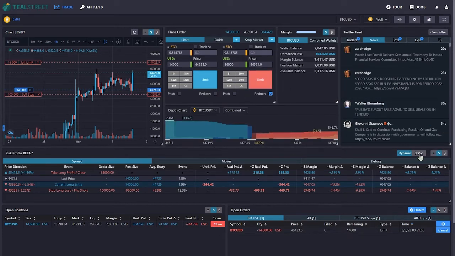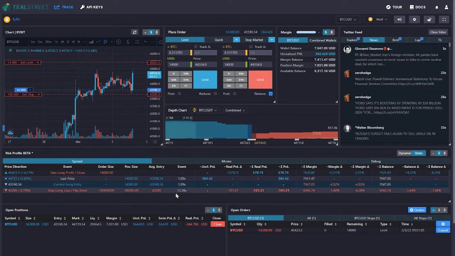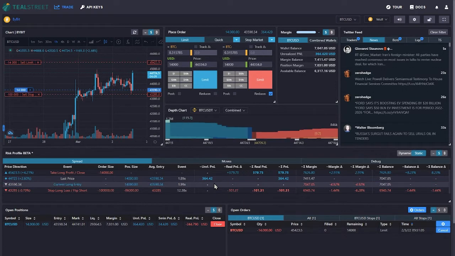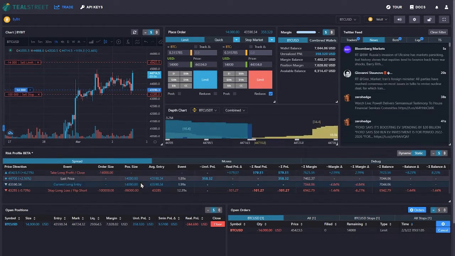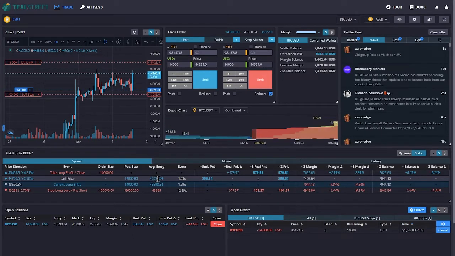So let's just start with static mode, and we still have the same trade open, obviously. Because static mode is based on your entry, we're going to be looking at this the way the exchange terminal usually shows your P&L. So, diamond in the middle at last price, it knows that because the price is active right now, the position is active.